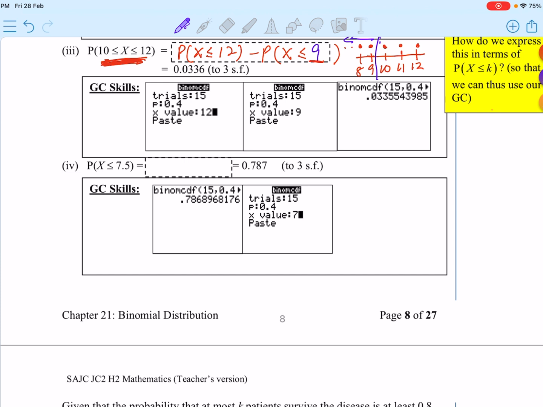Right, so we key into GC the two values for x taking a value of 12 and less, or the next value 9. Okay, we take the difference and write down your answer.